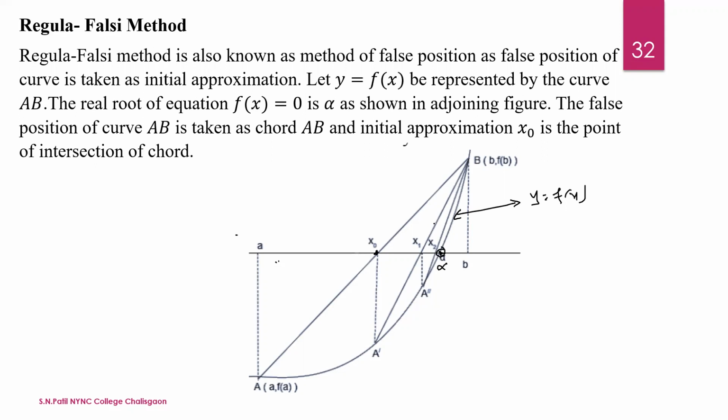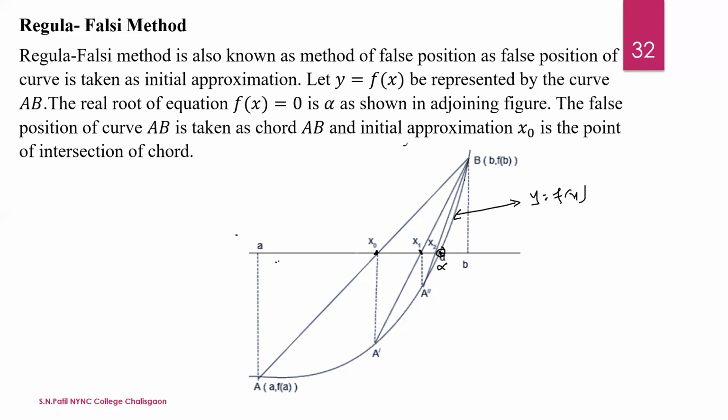Then we shift this chord, means A dash to B, giving the second false position. Then similarly, next is x2. In this way, we reach the desired root.